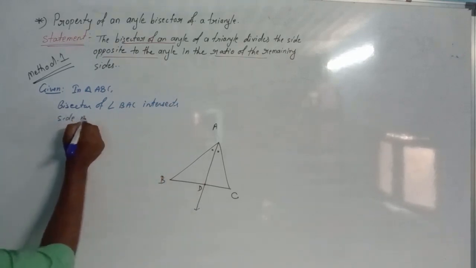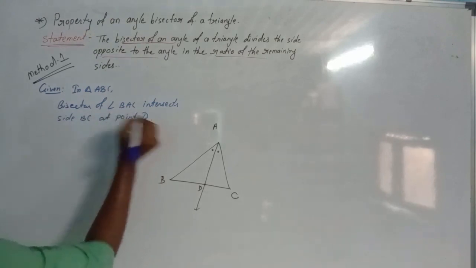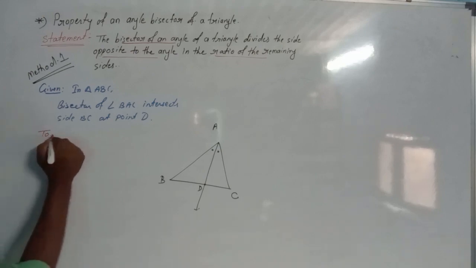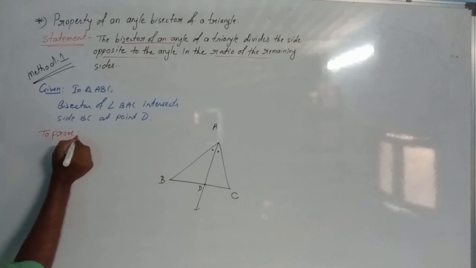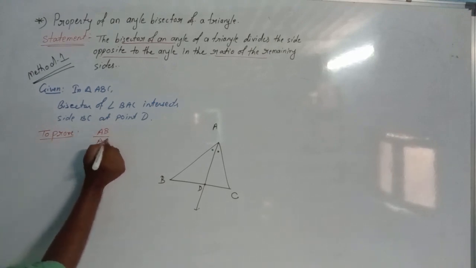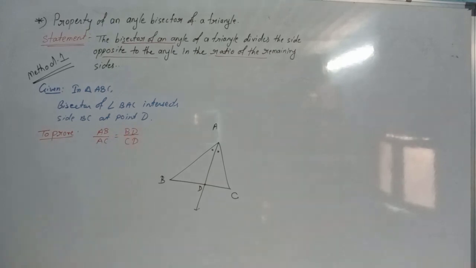This one is my given thing. Now, what do we have to prove? Write down. To prove: AB upon AC is equal to BD upon CD. Correct? This one we have to prove.